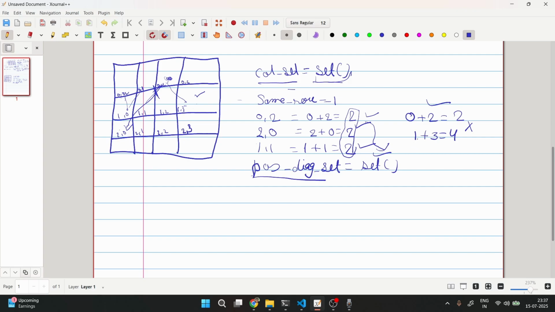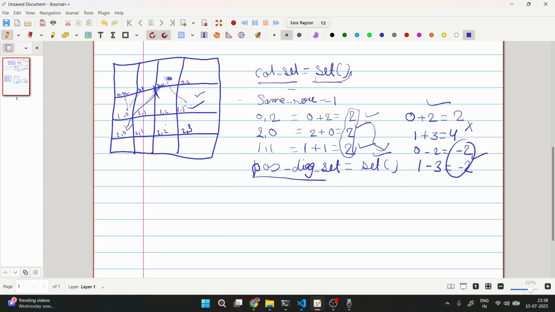But what we can try is 0 minus 2, which is going to produce minus 2, and 1 minus 3, which is minus 2. So you can see there is a pattern here. This is the other kind of diagonal, the negative diagonal. We can verify whether two checkboxes are part of the same diagonal either by adding the row and column values or by subtracting them.